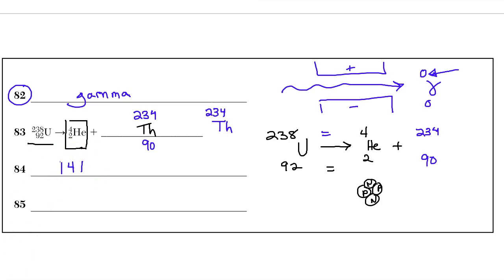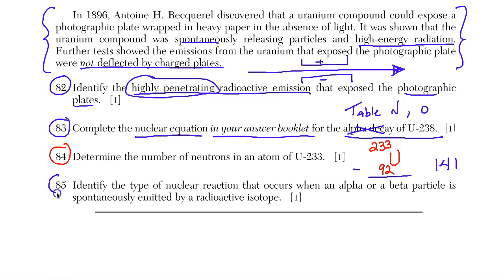There it is, number 85. Identify the type of nuclear reaction that occurs when an alpha or beta particle is spontaneously emitted by a radioactive isotope. So here's a great example, carbon-14. We usually date living or past living things with this radioisotope. This is an isotope of carbon that loves to give off beta particles because it's unstable. So it gives off this beta particle.